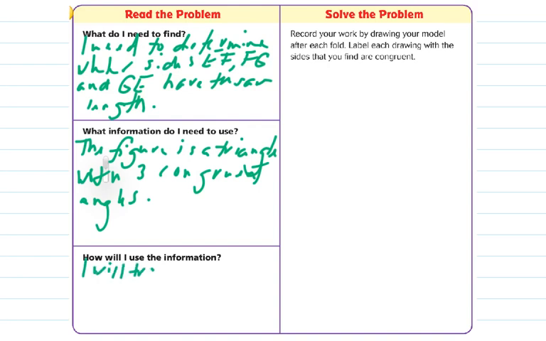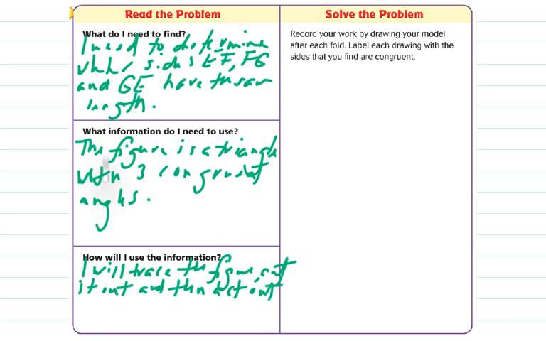I will trace the figure, cut it out, and then act out to match all the sides, to see if they are congruent.